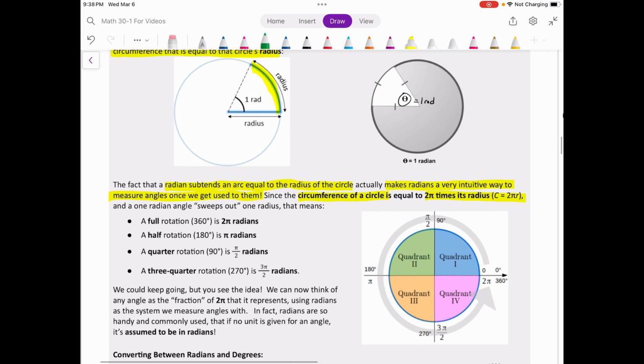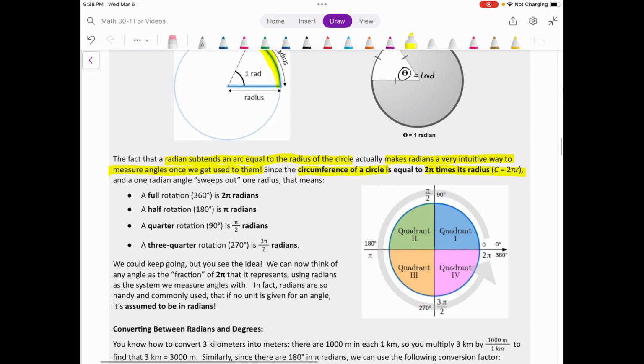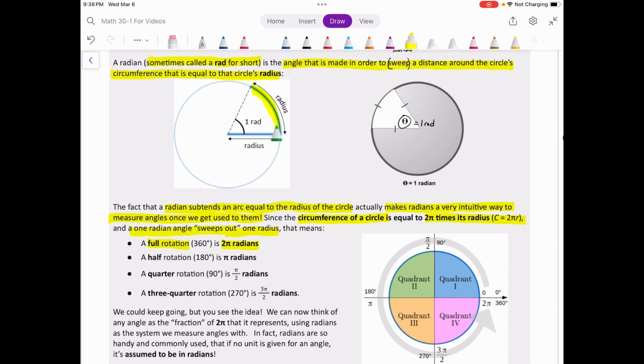So what that means is that if a 1 radian angle subtends or sweeps out 1 radius, then a full rotation in radians is just 2 pi radians, right? If 1 radian sweeps out 1 radius and 2 pi radii fit into the whole circle, well, then we have to rotate through 2 pi radians to make a full circle.